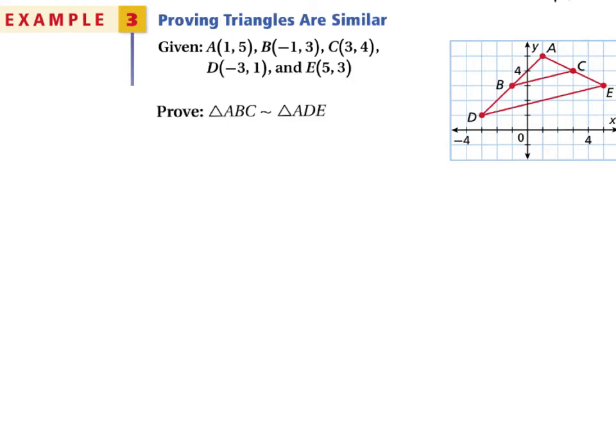Well, in order to prove they're similar, we can use different things, such as side, side, side. We could use side, angle, side. So let's start off by finding the length of AB and the length of AD. Since both those sides are corresponding, right here, we can see if their ratios are equal.